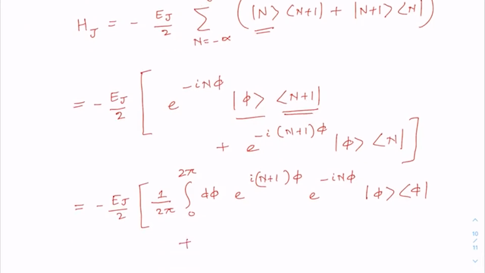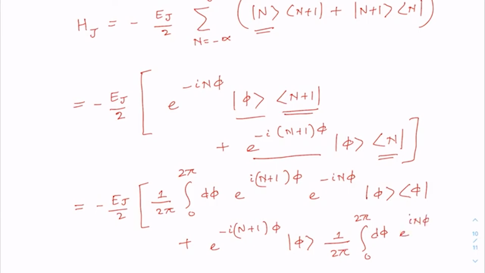Similarly, in the next term I can write plus e to the power minus i n plus 1 phi, which is already there, with ket phi, and for the bra n I write 1 by 2 pi, integral from 0 to 2 pi d phi e to the power i n phi, bra phi.